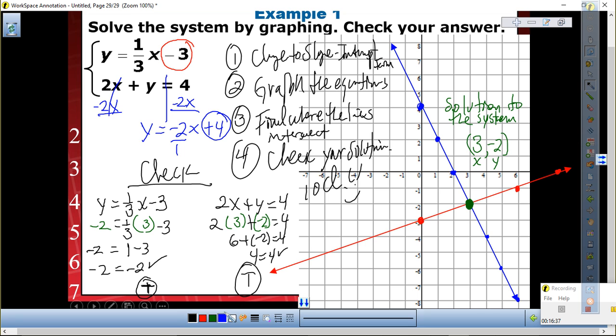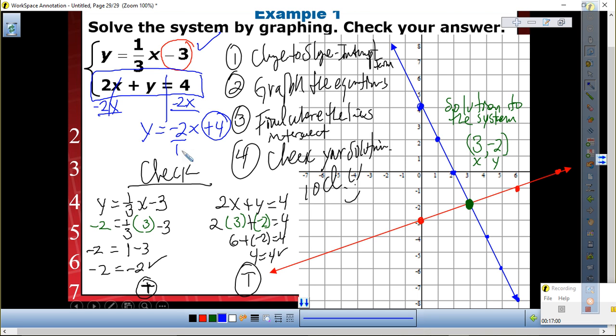So step 1, I heard, change to slope-intercept form. That would be great in order for everybody to have only one method of graphing, right? However, look up. That works with this one if we want to do extra work. However, what would be the best way of graphing that equation as it is?